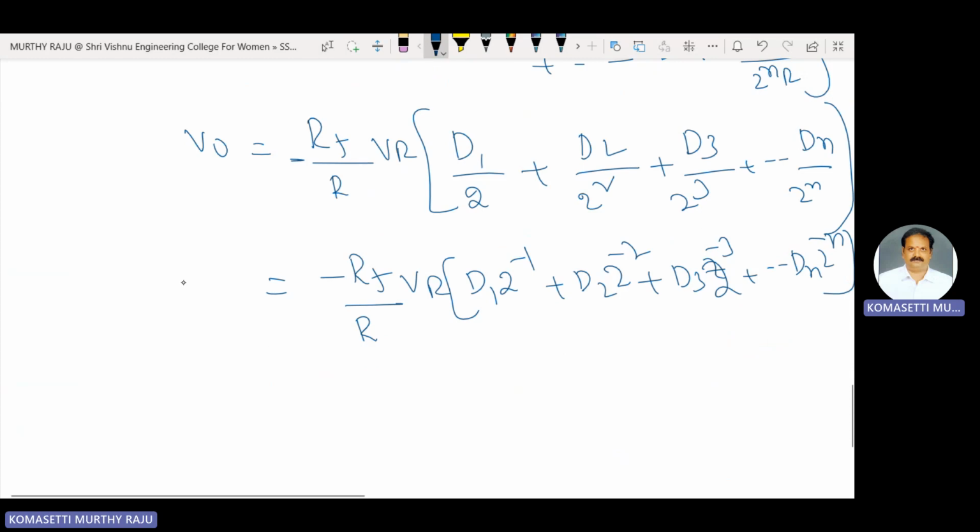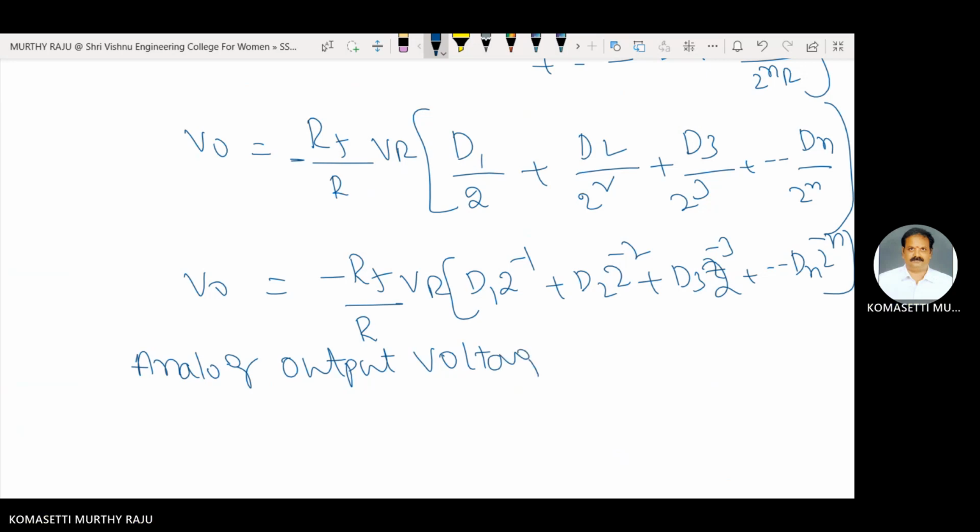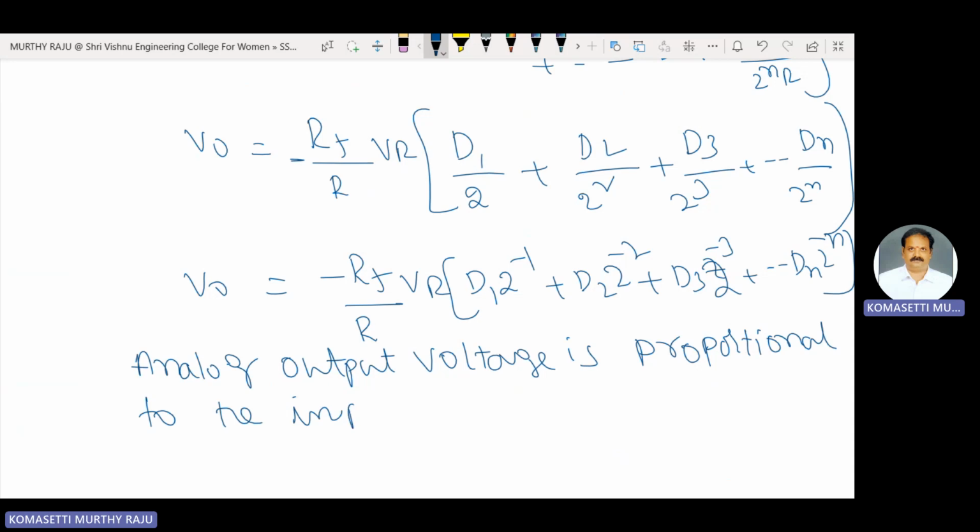Therefore, analog output voltage V0 is proportional to the input digital word D1, D2, D3, and so on and so forth, Dn.